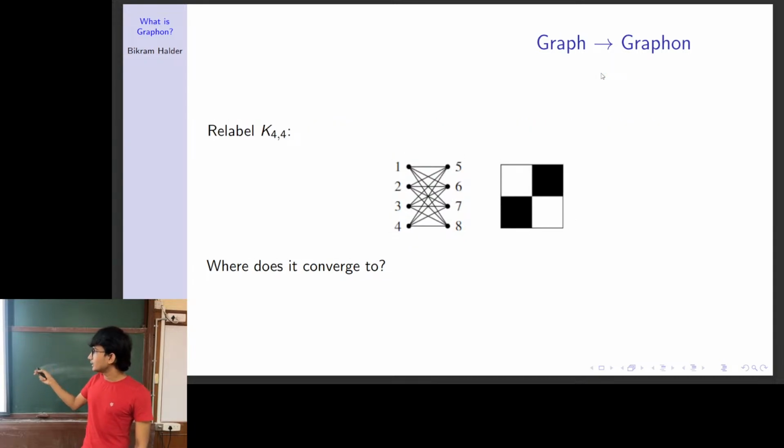For every complete bipartite graph, if we label so that you take 1 to n in one partition and n plus 1 to 2n in the other partition, then the graphon would look like this. For every bipartite graph, the graphon is the same, this graphon at least.